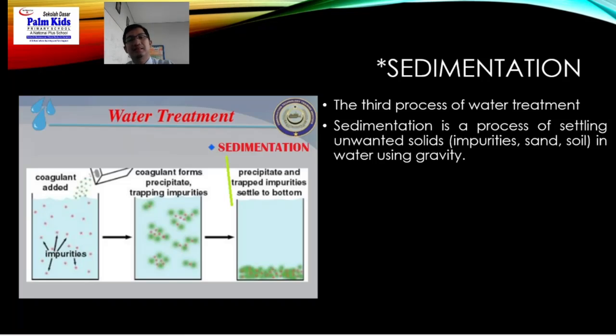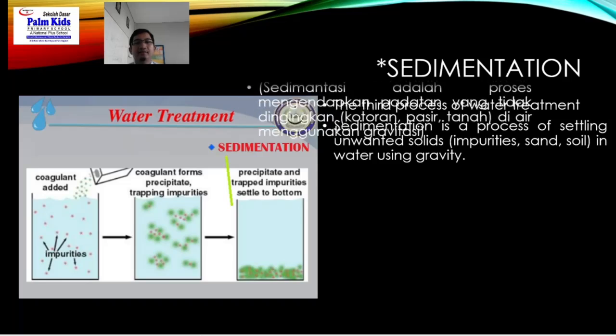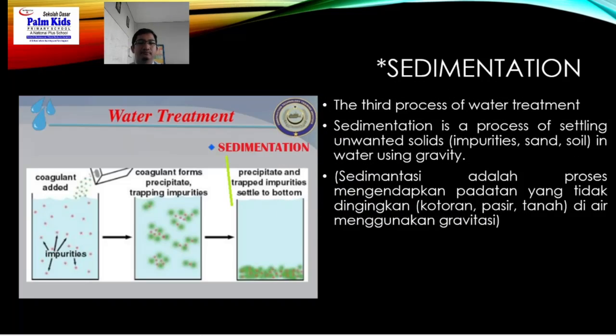Because the floc takes all the impurities, most of the impurities will be heavy and will sink to the bottom of the water. And then once that happens, the water that is not at the bottom, the cleaner one, will go into the last process, that is the filtration.